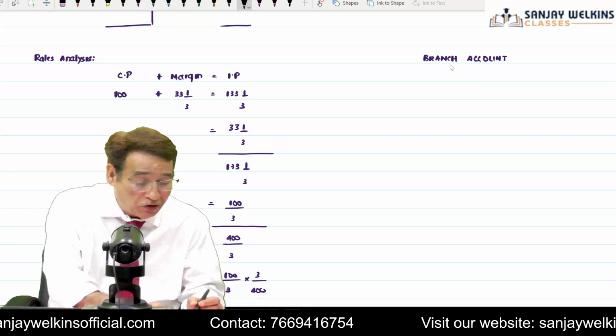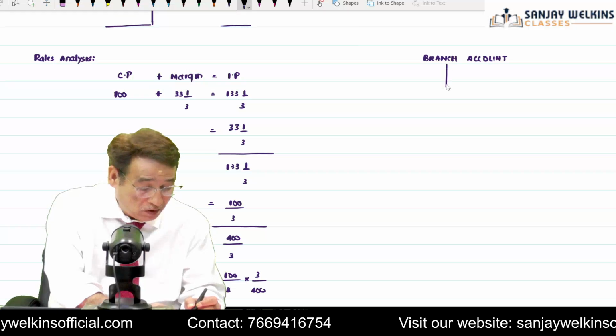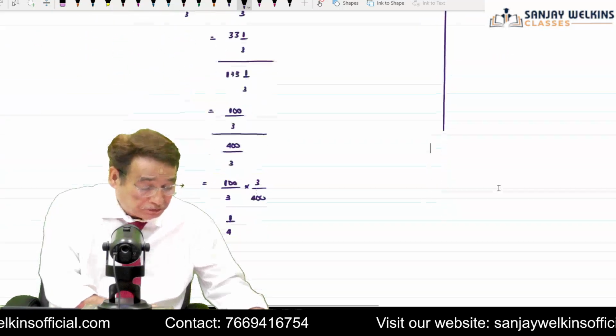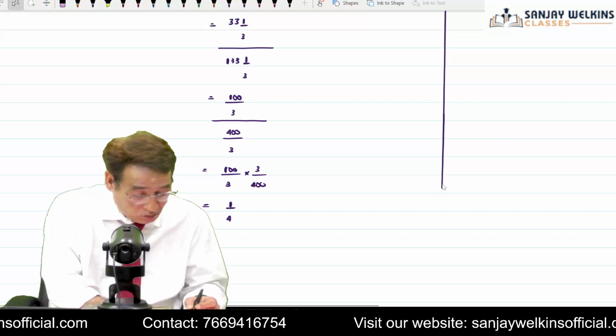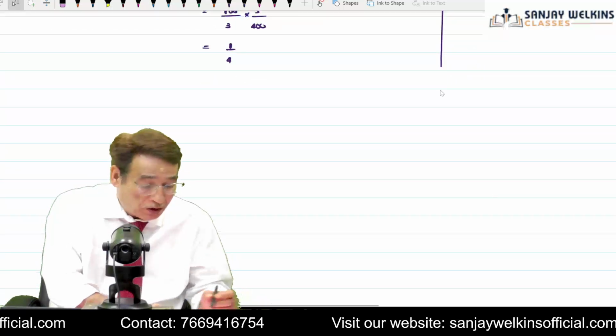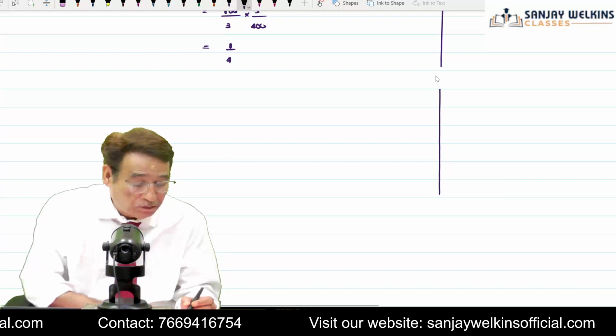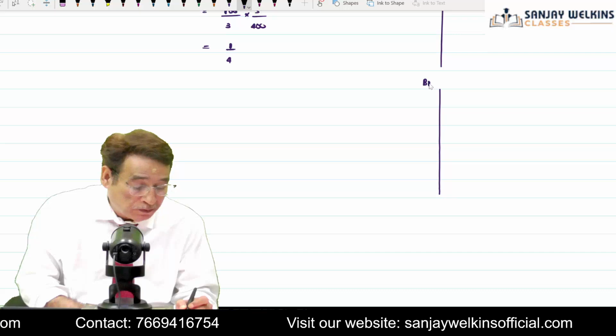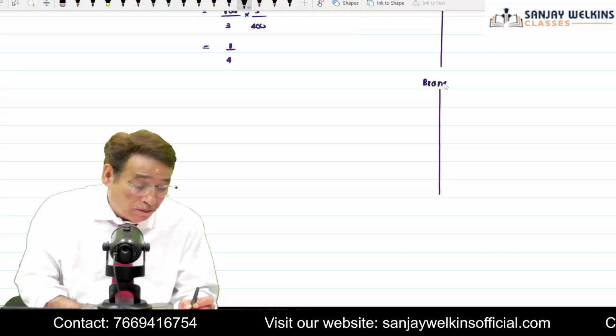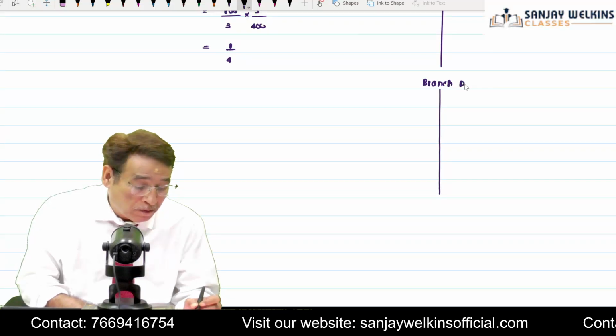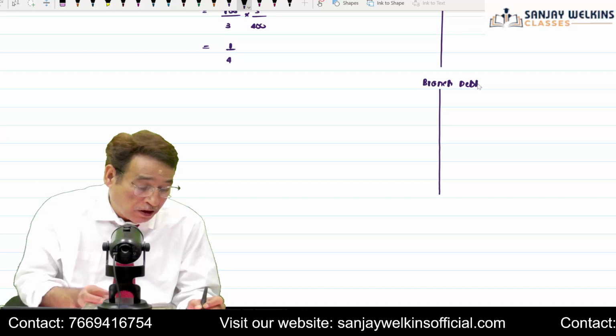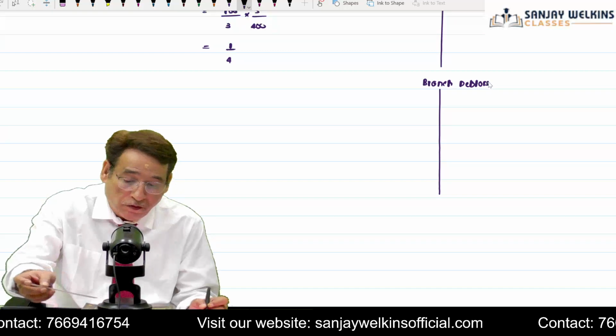This is our branch account, and then I am going to write here branch debtors account. Clear? This is how I am going to prepare.